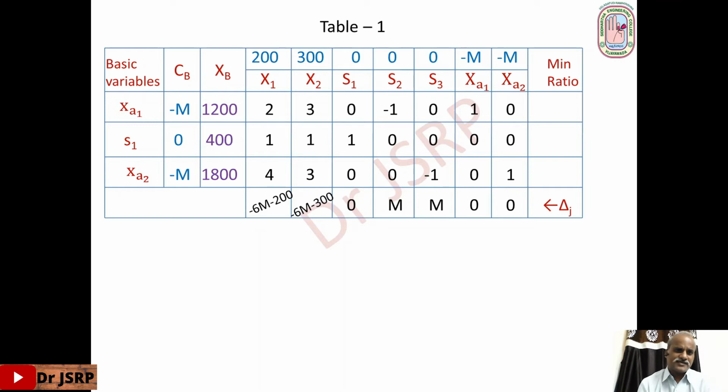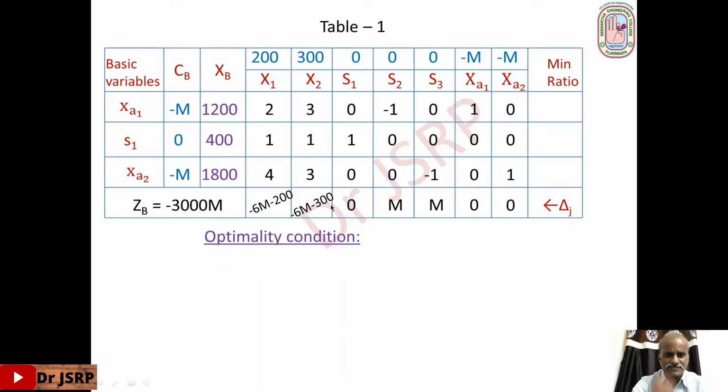Now verify the optimality condition, whether the present solution is an optimal solution or not. So what is the optimality condition? Here calculate the objective function value, that is CB into XB. Minus 1200M plus 0 minus 1800M, that is minus 3000M. Right, now the optimality condition.